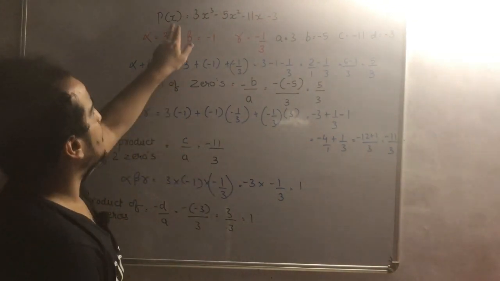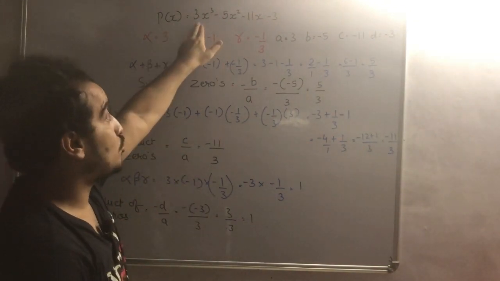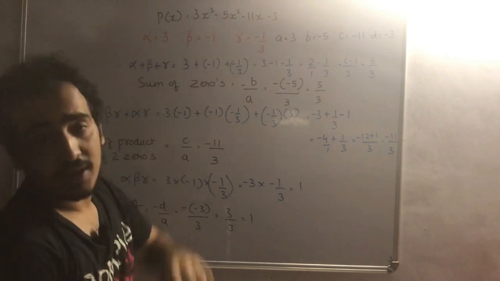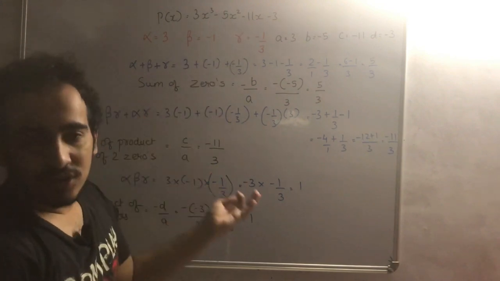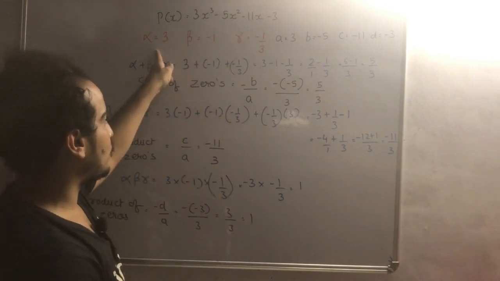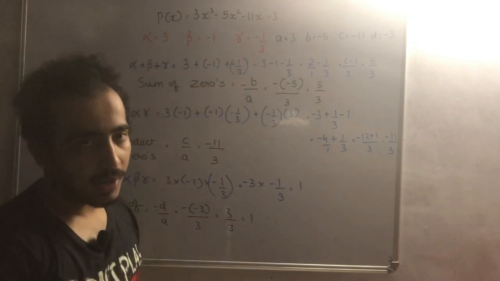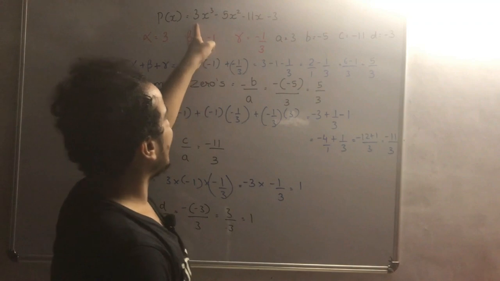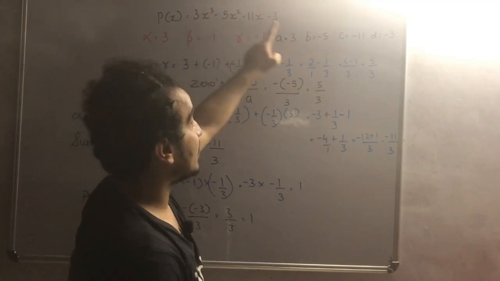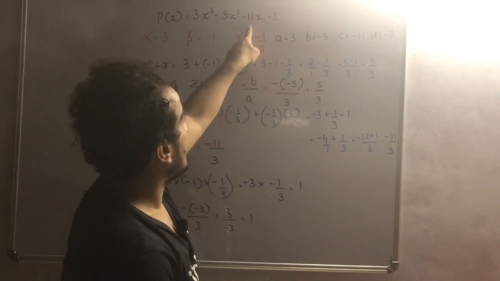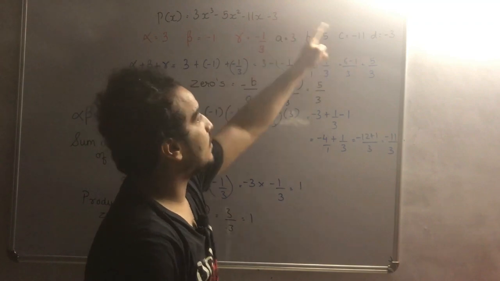So now we know the polynomial is 3x cube minus 5x square minus 11x minus 3. We know the three zeros: alpha equals 3, beta equals minus 1 and gamma equals minus 1 by 3. And what is a? 3. b is minus 5. c is minus 11 and d is minus 3.